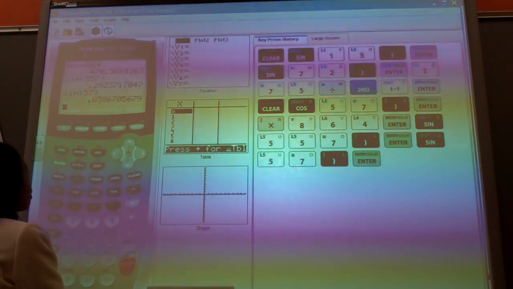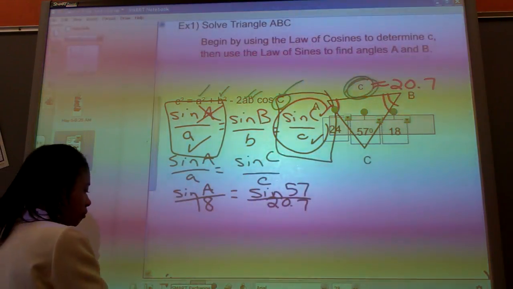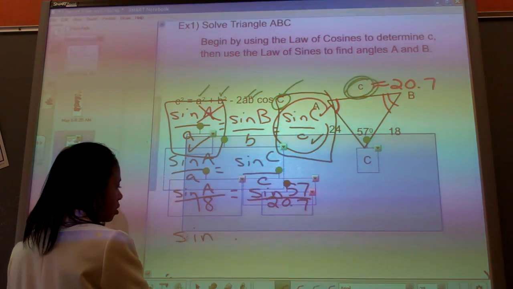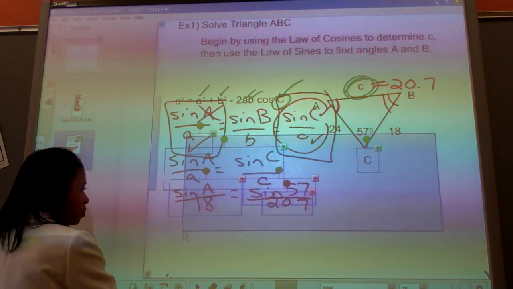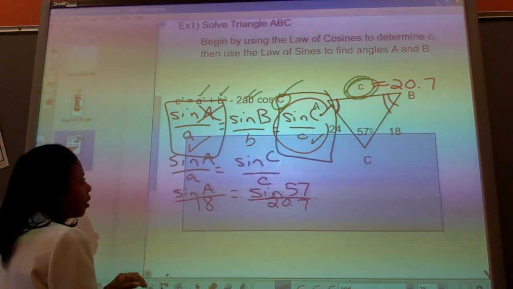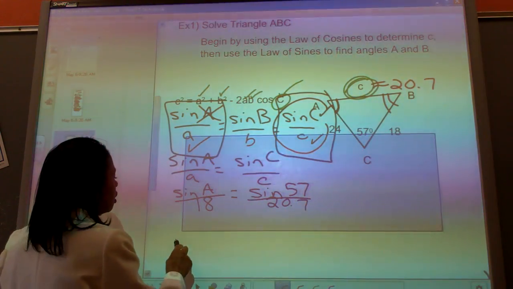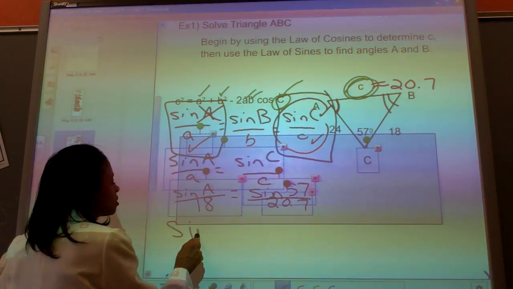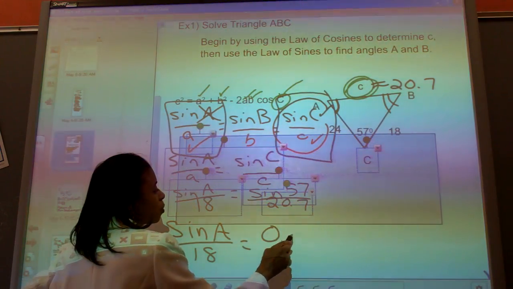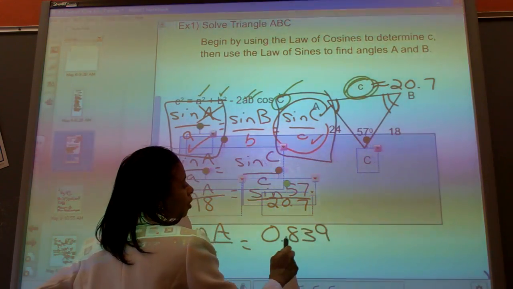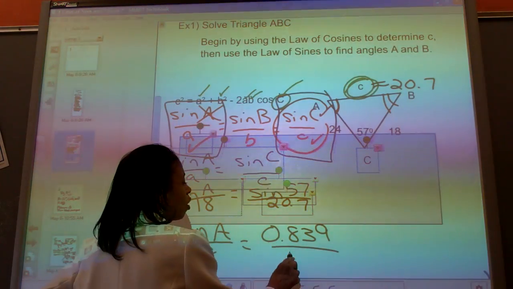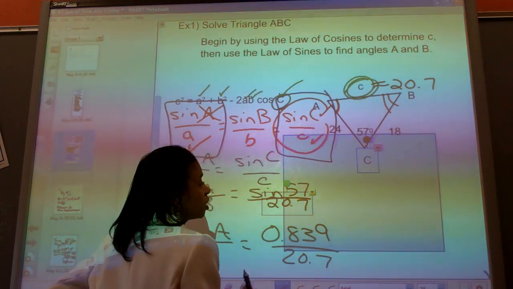So I'm going to rewrite this as sine of A over 18 equals the sine of 57, which is approximately 0.839. Let me look here quickly, and it is. So there it is, over 20 and 7/10.